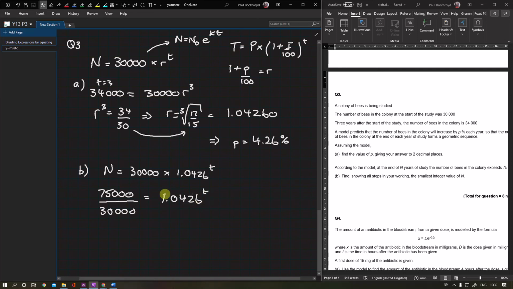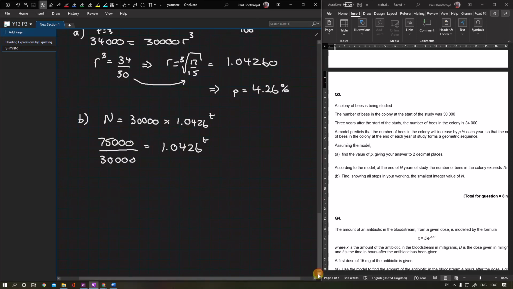Now, solving these problems, in the past you might have been encouraged to do trial and improvement. We now know about logarithms, and the beauty with logarithms is if I take the log of the left hand side, I'm going to use ln this time, it doesn't matter. It could be log base 10 or log to any base you can do, or ln, and I'm going to choose ln.